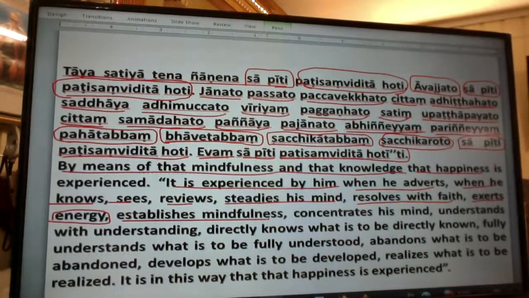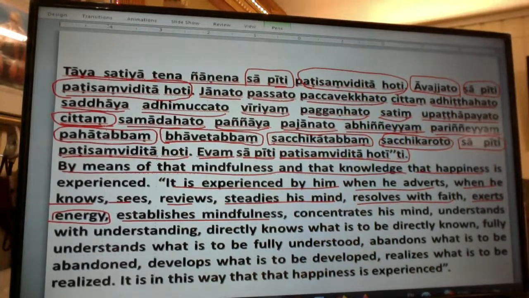And Cittam Samadahato. That's why I told you, Citta here is not citta. Sometimes we say Pali citta, but here it is samadhi, concentration, ekaggata. Be careful. Okay?